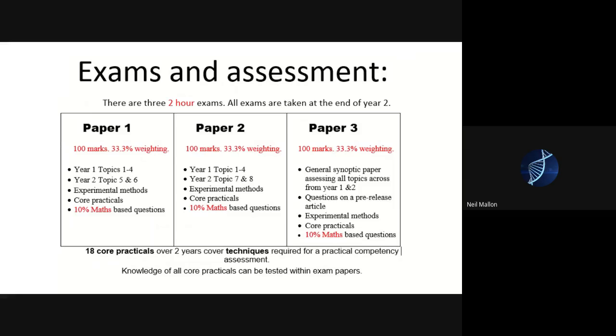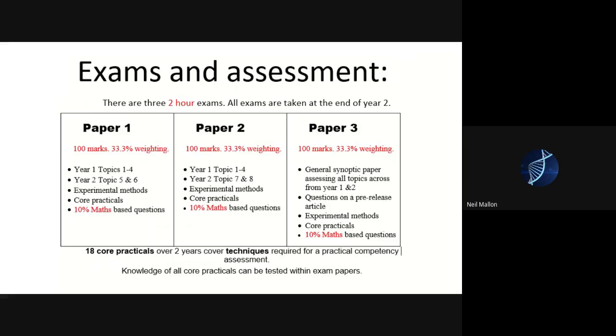Paper 2 covers the year 12 topics 1 to 4, as well as the year 13 topics 7 and 8. Again, the experimental methods and core practicals that go along with those topics. And then paper 3 is what covers what we call a general synoptic paper, assessing all topics across the years 12 and 13.